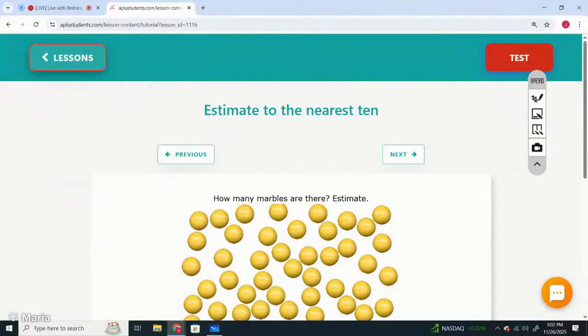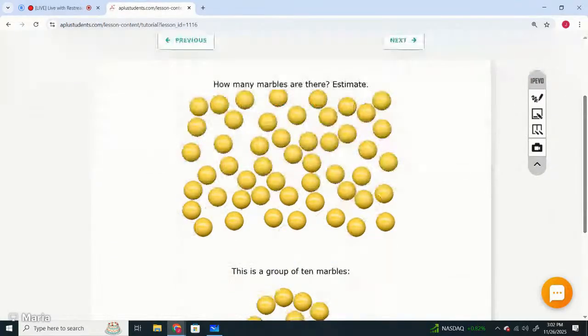Estimate to the nearest 10 how many marbles are there. You don't have to count them, right? We have to estimate.